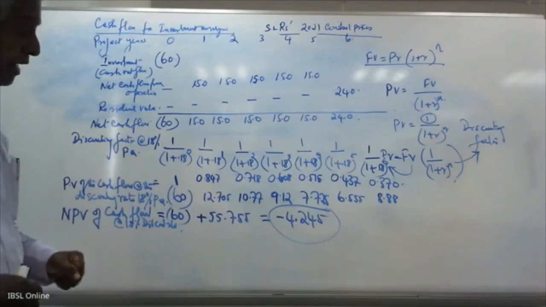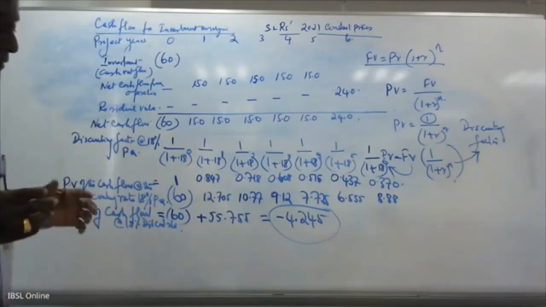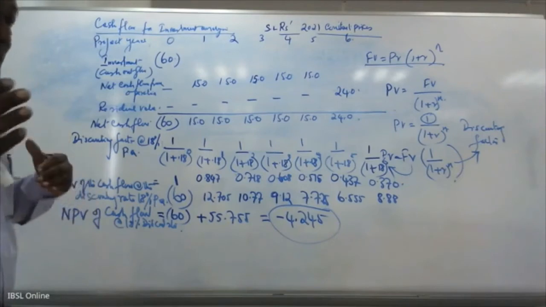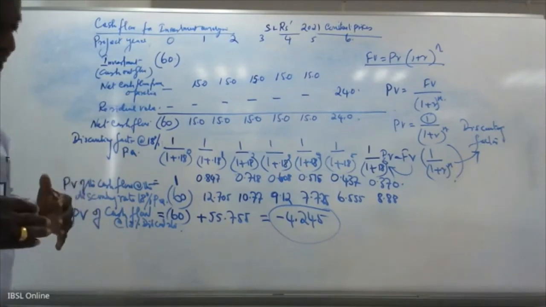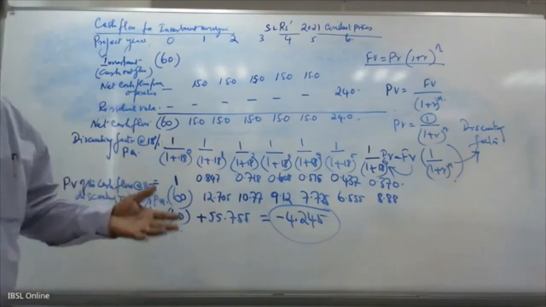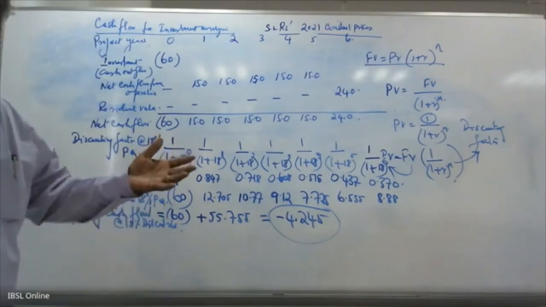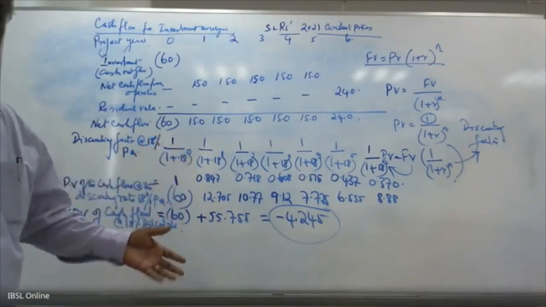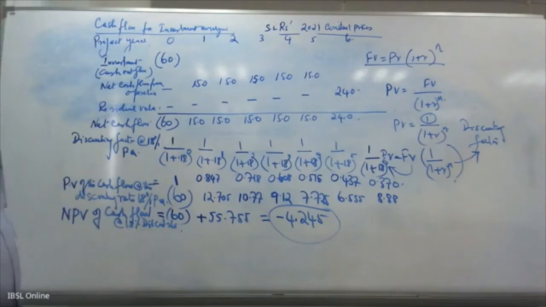How is the net present value negative? Because when you convert everything to present value, the inflow at present value is not covering the outflow, not covering the investment. So this investment is not worthy.